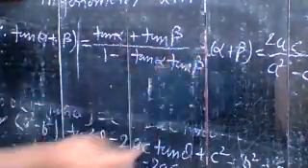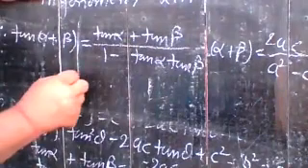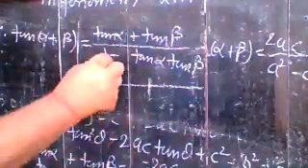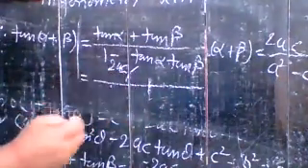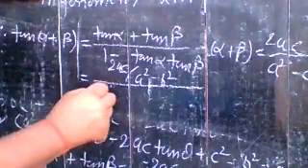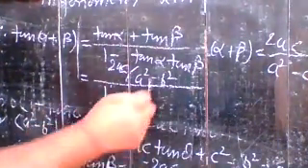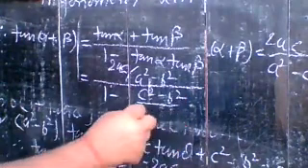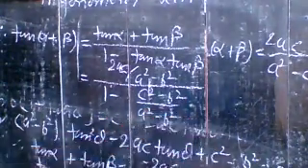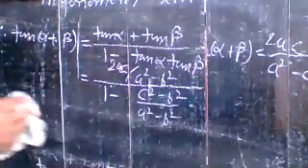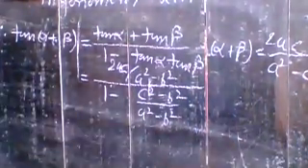Now putting in the values, tan alpha plus tan beta is 2ac upon a square minus b square, and 1 minus tan alpha tan beta is 1 minus c square minus b square upon a square minus b square. Taking the LCM and simplifying, you will have your answer.